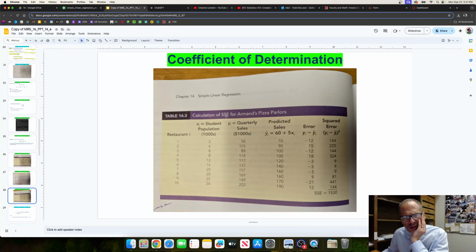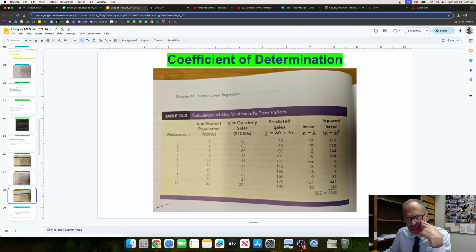Calculation of SSE. So here is the size of the student population for each restaurant, 1 through 10, and how many students were in the population at the college campus near the restaurants. And then we have the sales that each restaurant does in thousands. So each of these are in thousands. And then we have our regression equation right here, our estimation.